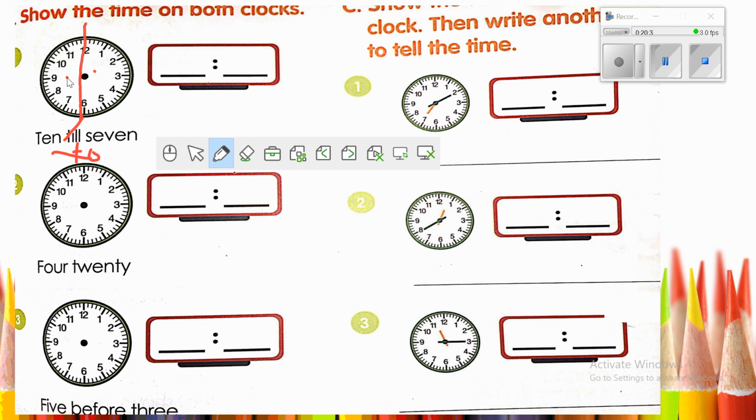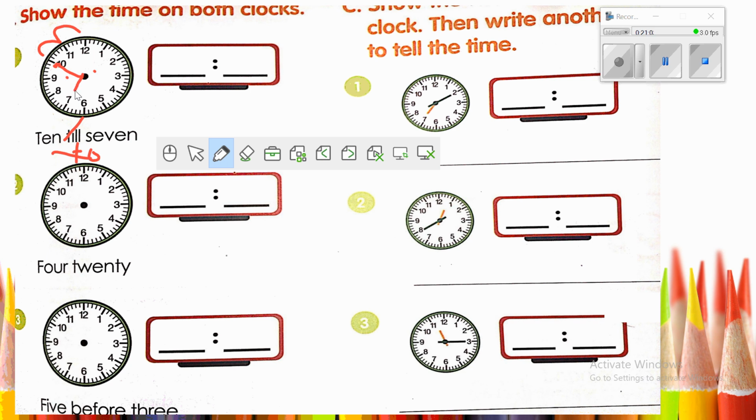Remember on the paper, 10 to is what? Let's go back 10 minutes: 5, 10, yes, it's on 10. And 10 to 7. Yes, it will be 7. Let me erase this one for you. Okay. It will be 7. Perfect.